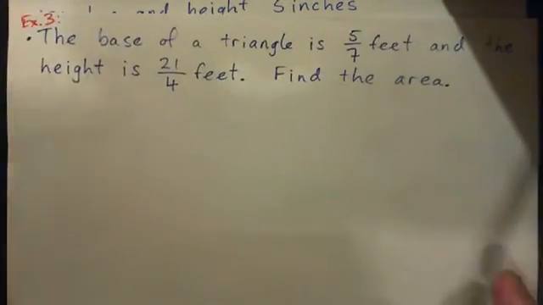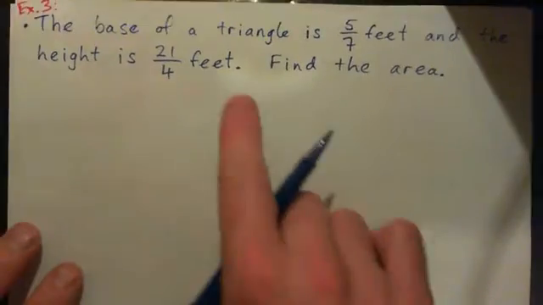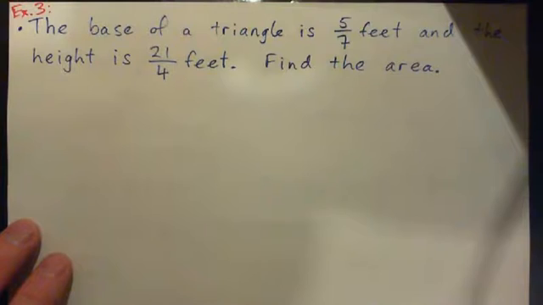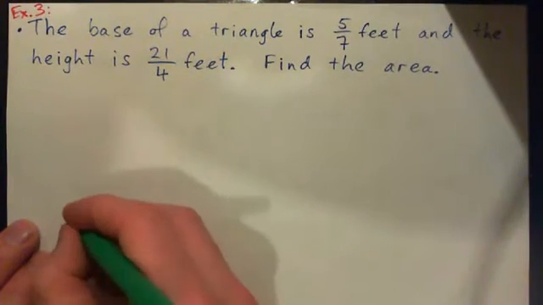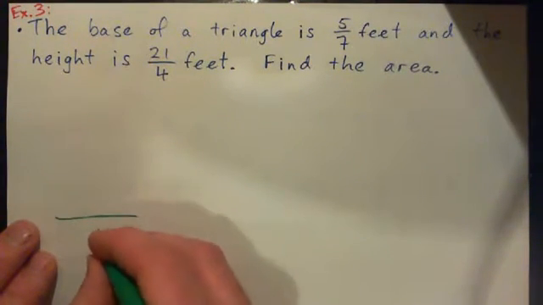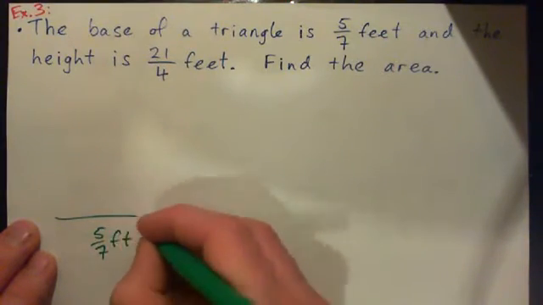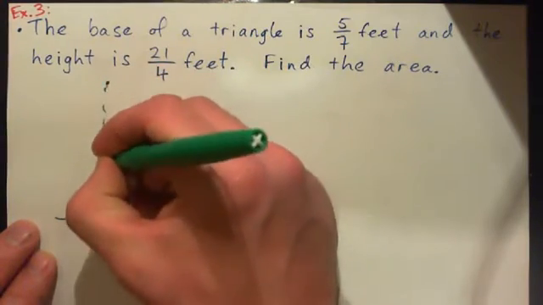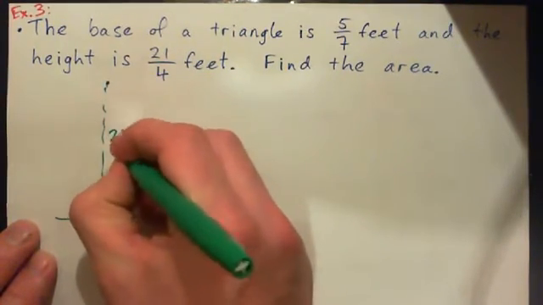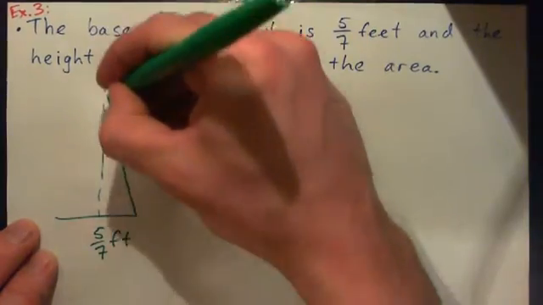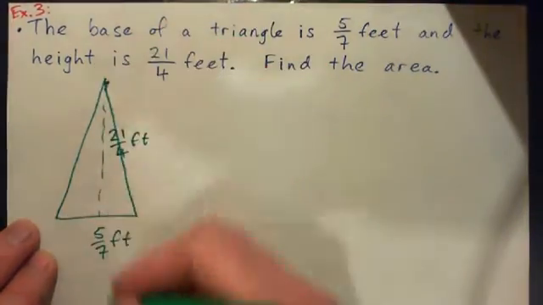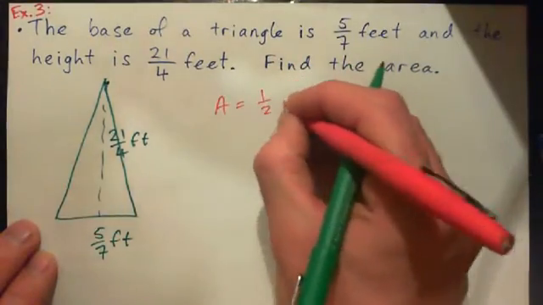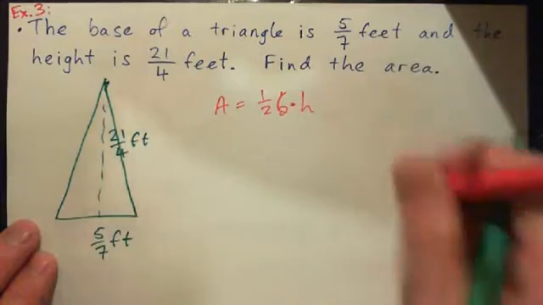Okay, let's look at example 3. The base of a triangle is 5/7 feet, and the height is 21 over 4 feet. So this is 5/7 feet, and the height is 21 over 4 feet, and the triangle is supposed to go like that. Sorry, I just cut through the number again. So the area of the triangle is 1/2 times the base times the height.